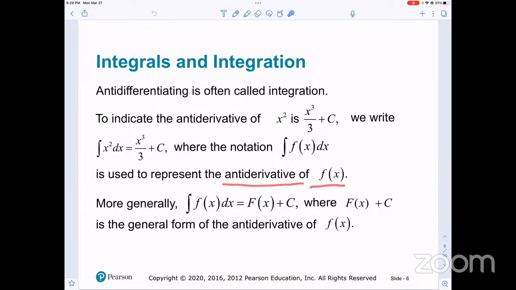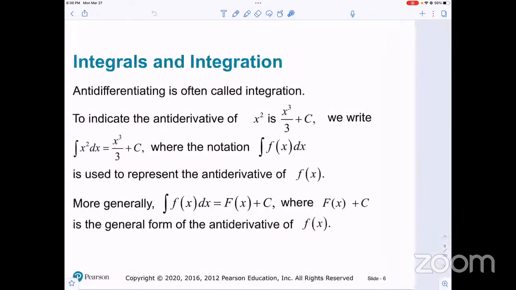More generally, the integral of f of x dx is the antiderivative of f plus some constant, where the antiderivative of f plus some constant is the general form of the antiderivative of f of x. So that's kind of a mouthful. I feel like when we start working an example or two, it'll start to clear.